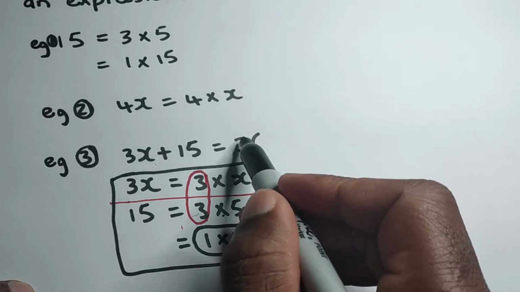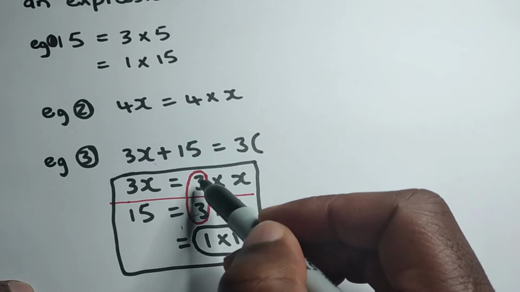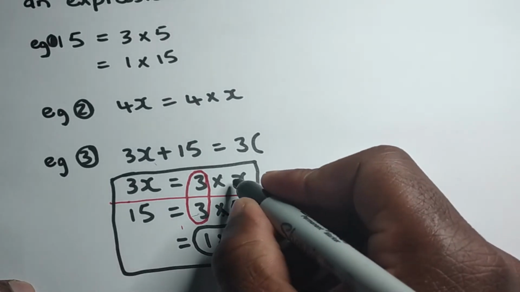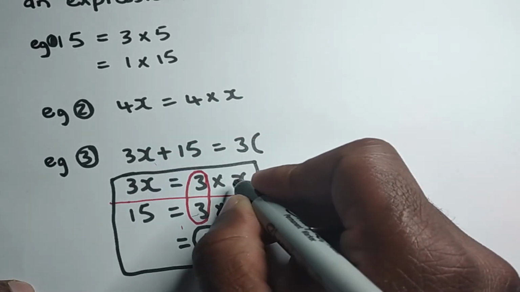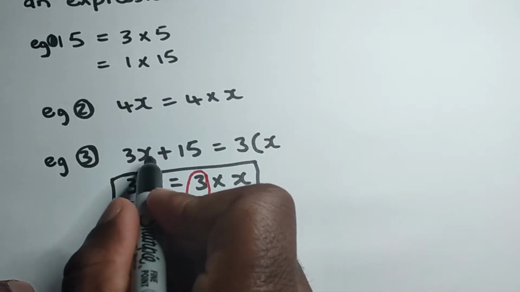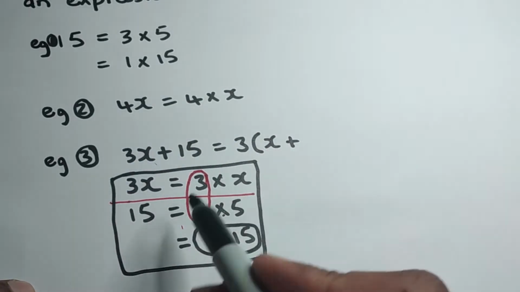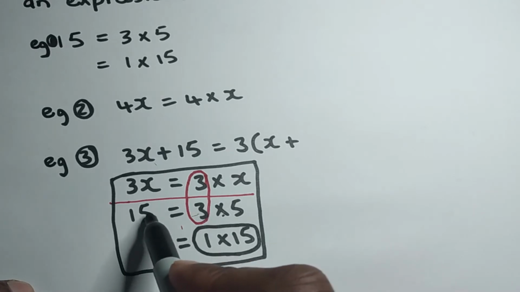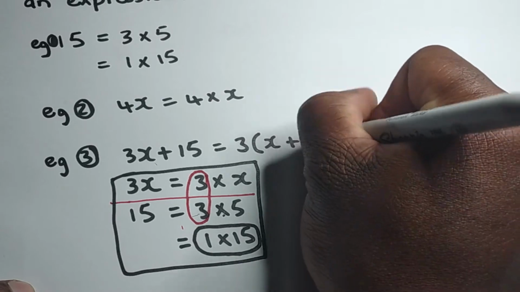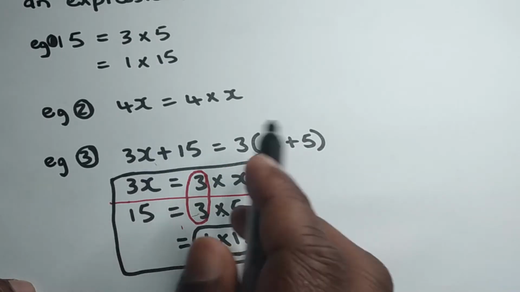After we would have taken out the 3, what would we be left with? So here after we factor out 3 out of the 3x, we'll be left with x. We'll put back this sign right here, which is an addition sign. After we factor out 3 out of this right here, we'll be left with 5. And that's pretty much how you would factorize 3x plus 15.